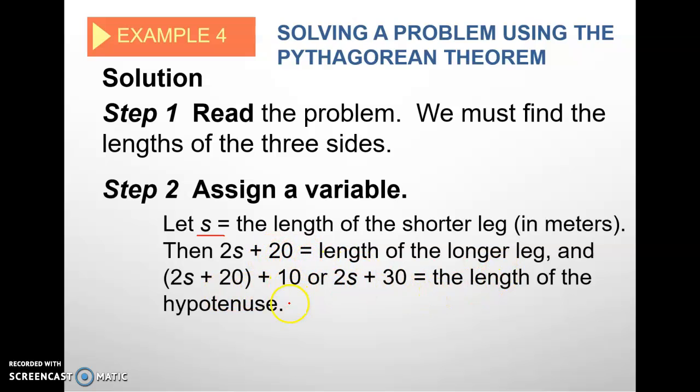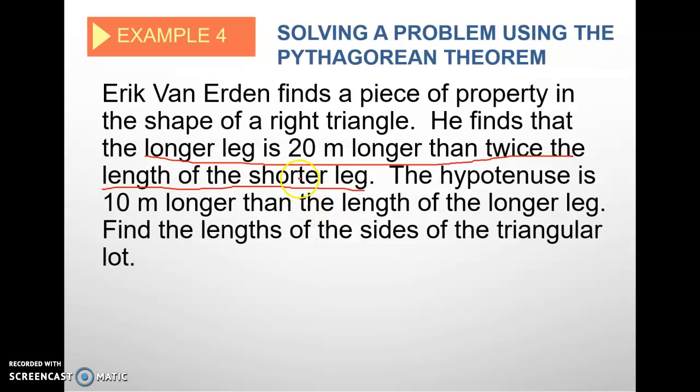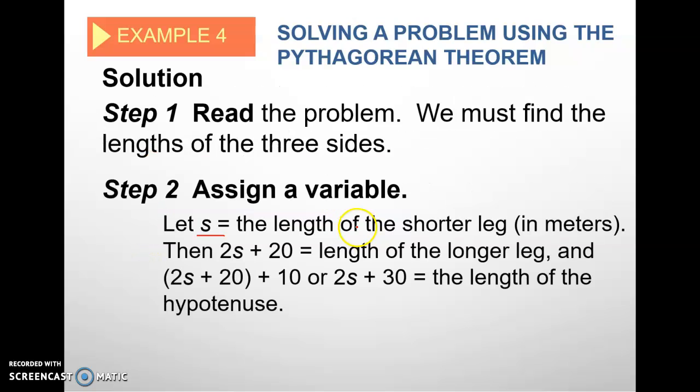And the length of the hypotenuse: the hypotenuse is 10 meters longer than the length of the longer leg. This is the length of the longer leg, right? Longer leg, and then we add 10, because it says 10 meters more than the length of the longer leg.